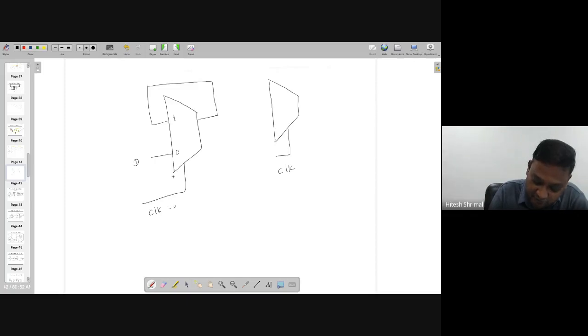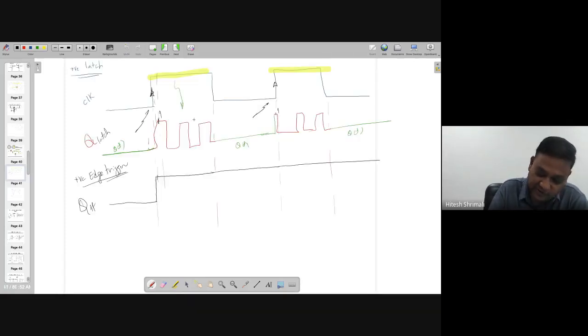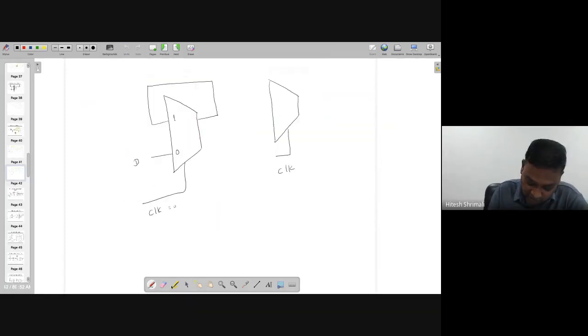If clock equal to 0, D will go that side, and in clock equal to 1, it will remain stable as we have understood over here. So in that case, this will be the thing. Let's call this one as Q1, let's call it D1, right?